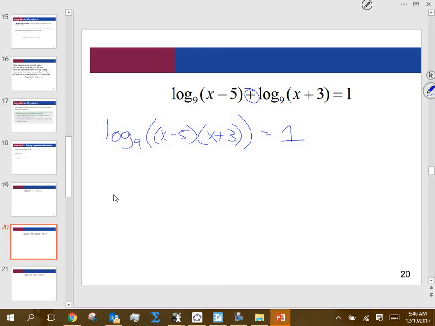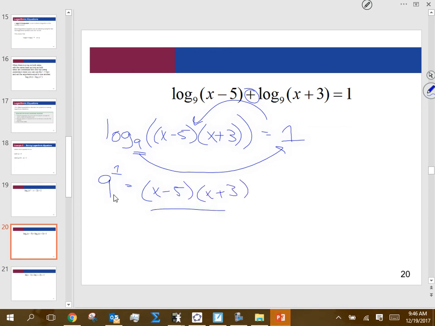Right? Okay? So when I do that multiplication, you have a binomial times a binomial, we probably should expand that, and this is the reason why, and we'll talk about this in a moment. But let's go ahead and just use our definition of a logarithm now. Can I take 9 raised to that power? Come back and give me that.